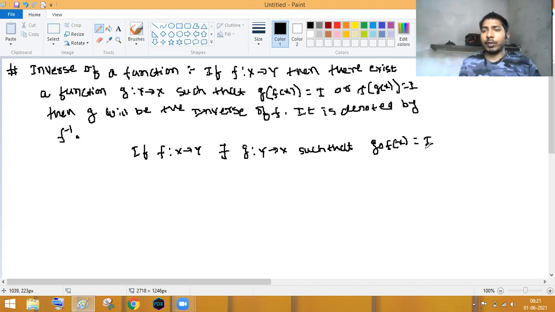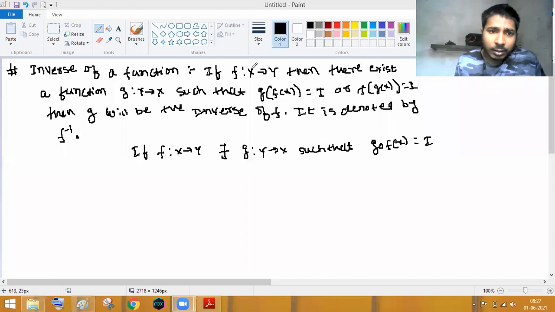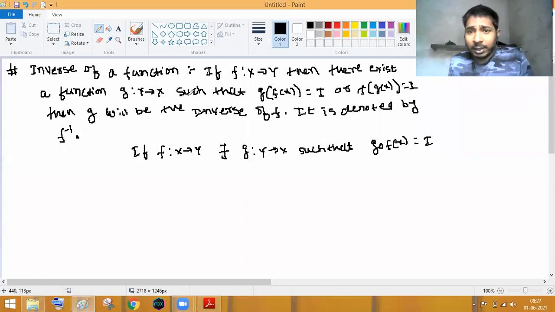An identity function. Or f of g of x equal to identity function. So if you look at this part in the NCERT, you will get here I_Y and here I_X.